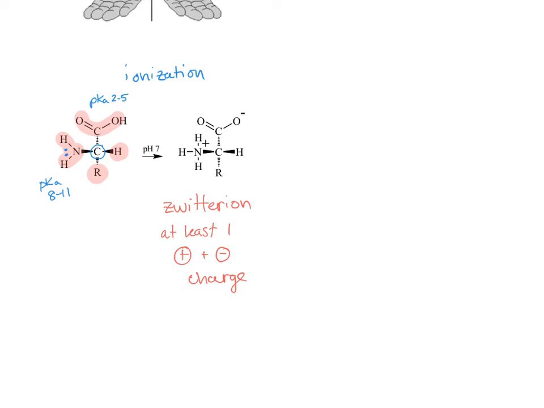Now, this is the common form we're going to draw amino acids, and this is going to be the default. Unless I give you an unusual pH, I expect you to draw the amino acid core structure in this Zwitter ionic form. And we're going to see that, and I'll make note of it going ahead in the next few videos.